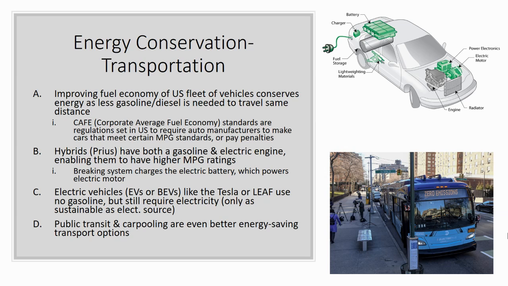They typically use no gasoline, but still require electricity. But only getting that electricity from a sustainable resource would make electric vehicles an even better option. And obviously, another way you can help conserve energy in your transportation is simply using public transport and carpooling more often. Those are all easy, better ways to save energy.